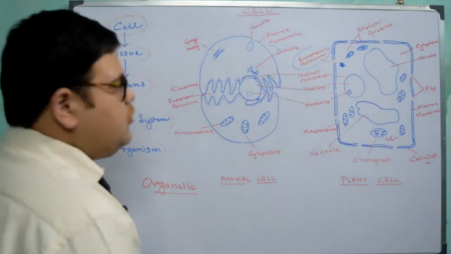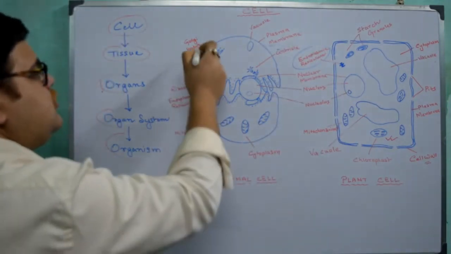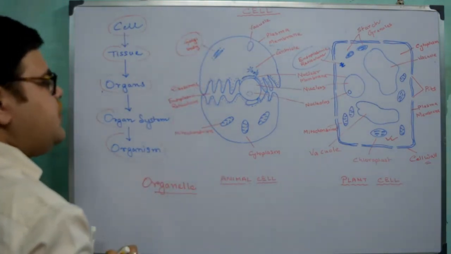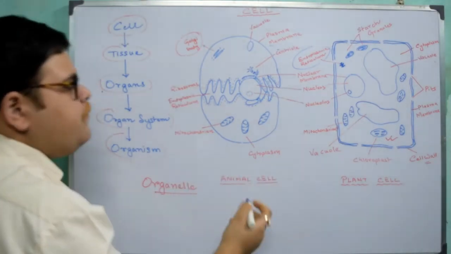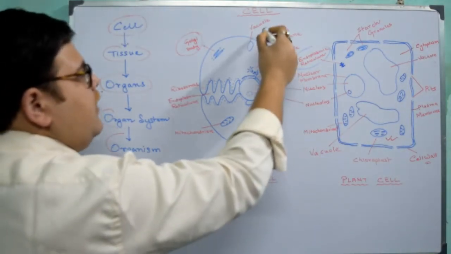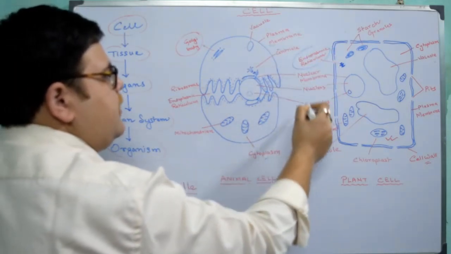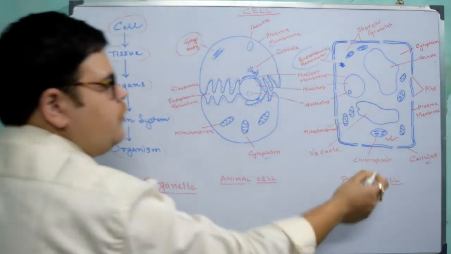Now coming to the organelles, we have Golgi body, ribosome, endoplasmic reticulum, mitochondrion, plural mitochondria, cytoplasm. Then we have vacuole, plasma membrane, centriole, nuclear membrane, nucleus, nucleolus, chloroplast.